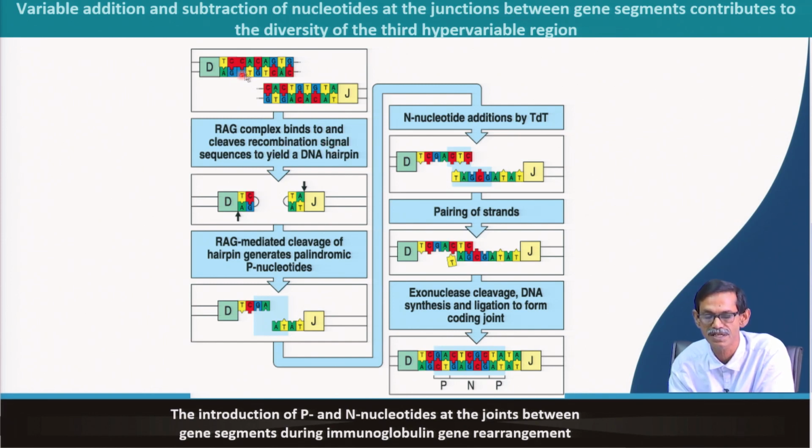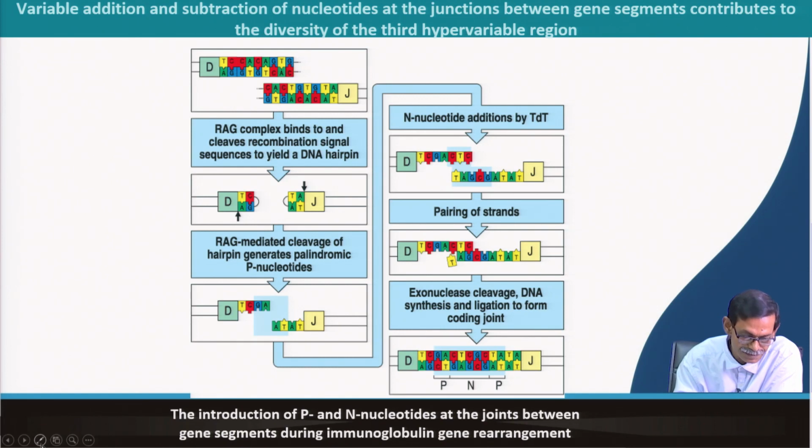What is the recombination signal? You go and check, the heptamer is here. Now, this RAG complex binds and cuts. Where will it cut? Let me get the pen first.